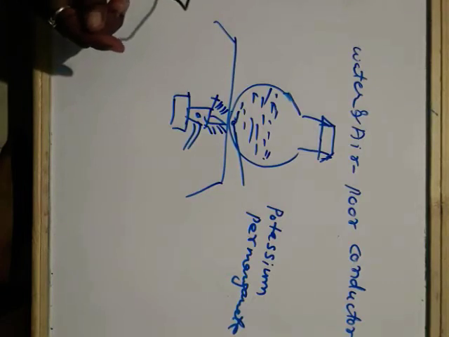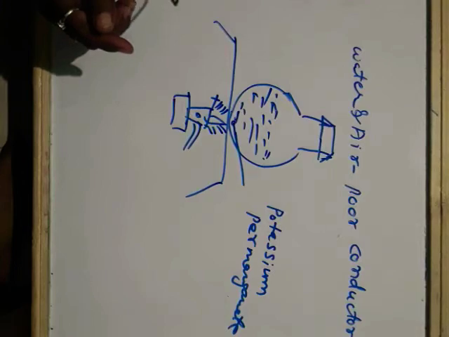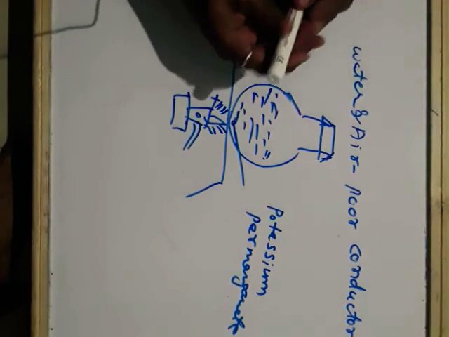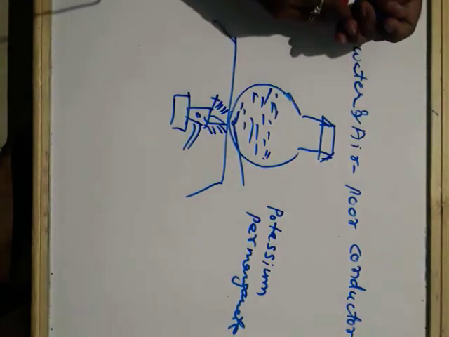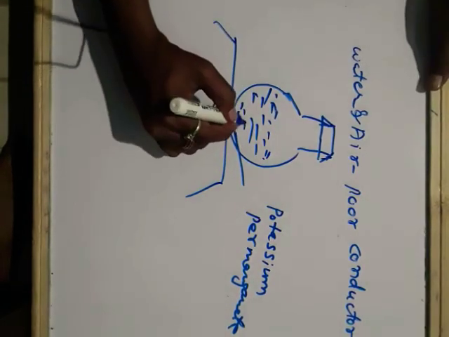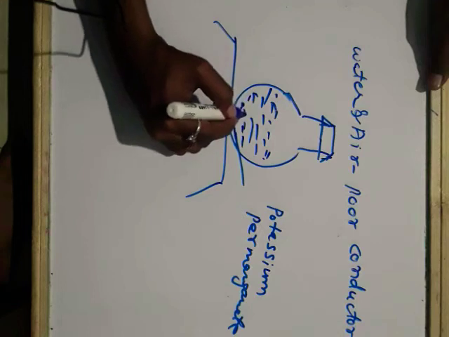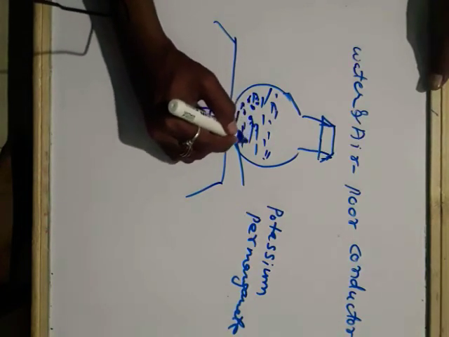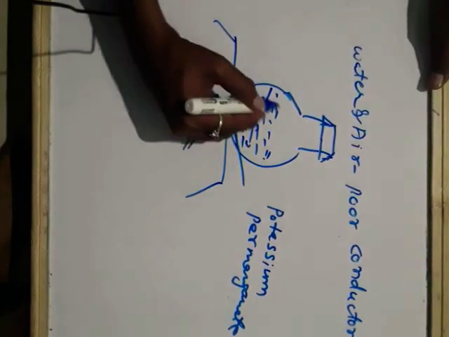When water is heated, the water near the flame gets hot. This hot water rises up, because heat is transferred from the hot region to the cold region. This hot water goes on moving.